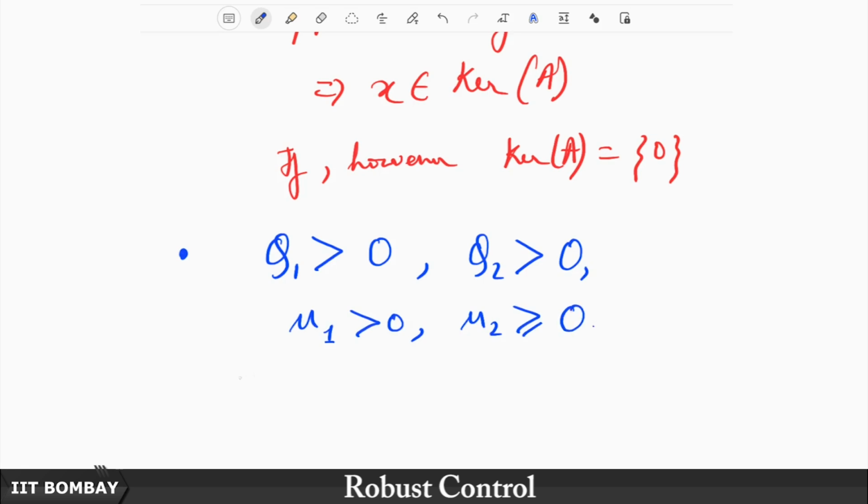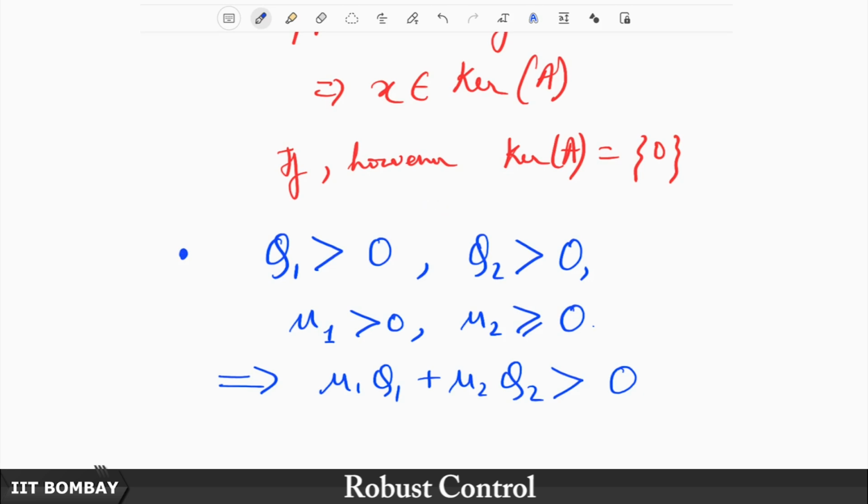Then we can say that mu1 Q1 plus mu2 Q2 is going to be positive definite, okay. And rest assured, if you flip these signs, that is, if you say that mu1 is greater than or equal to 0 and mu2 is greater than 0, so you need at least one of these mu's, these scalars, to be strictly positive.